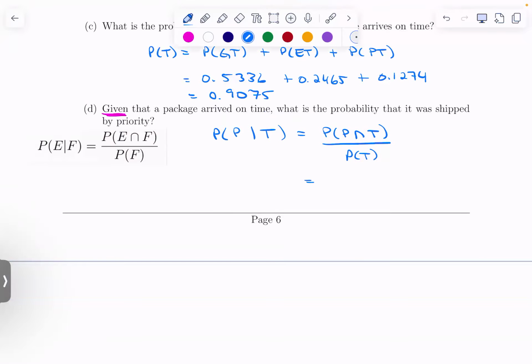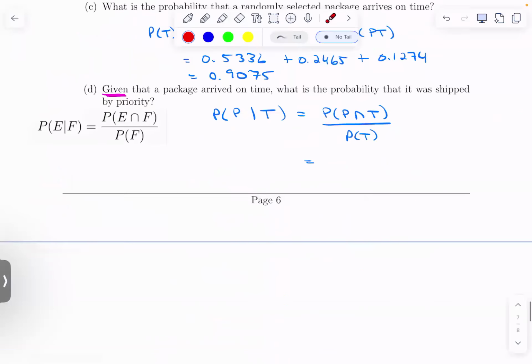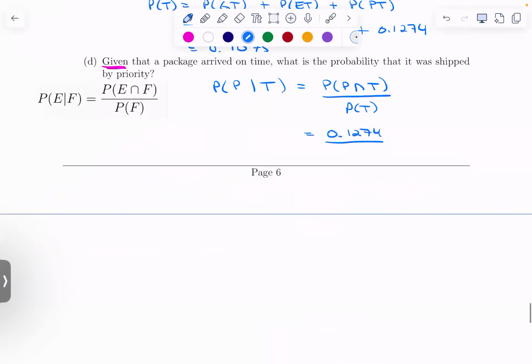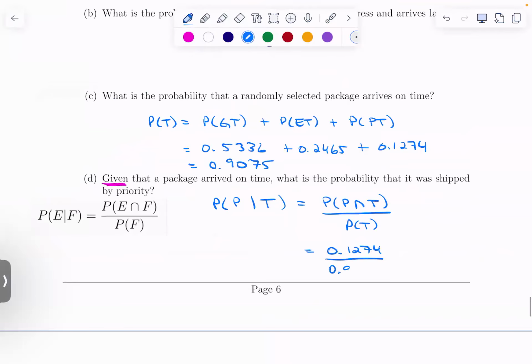So I get the probability of P and T is 0.1274. You're so close to saying sayonara to this dusty room. 0.1274 over 0.9075.